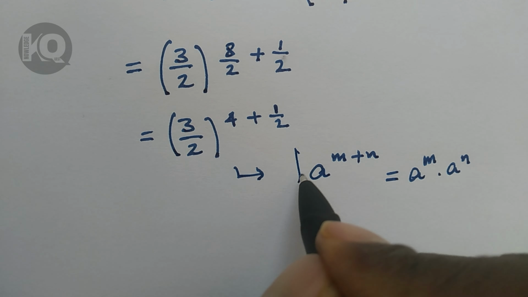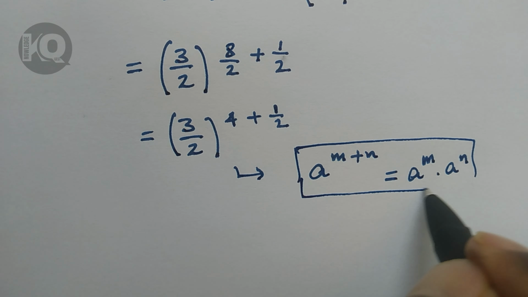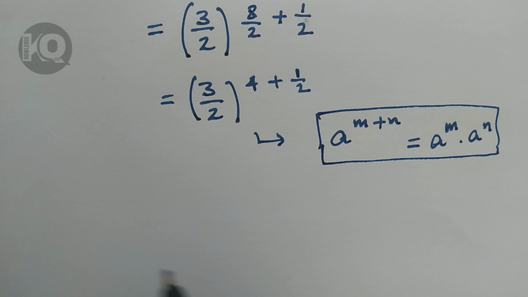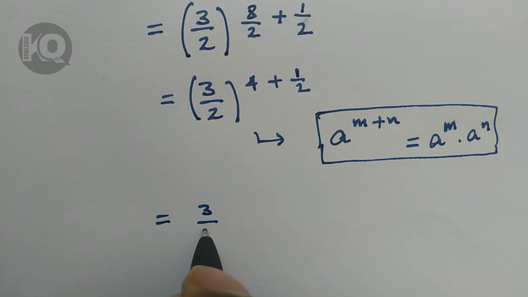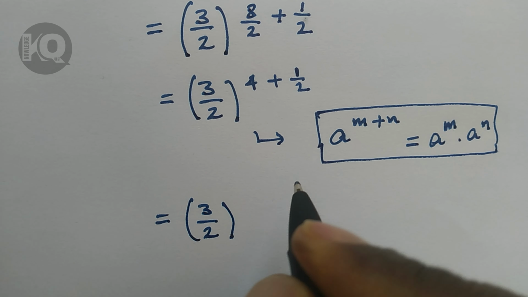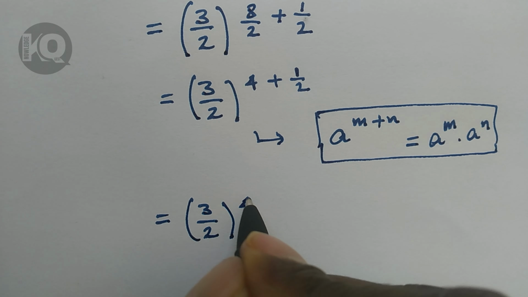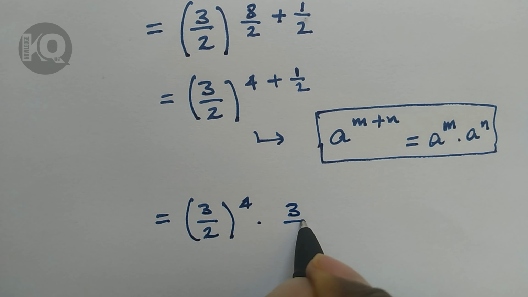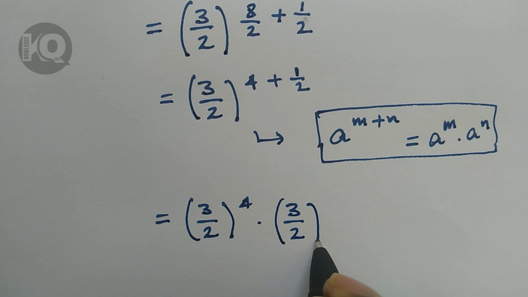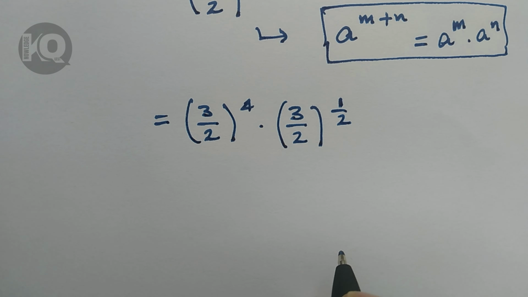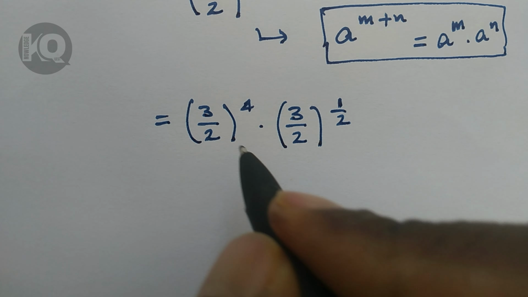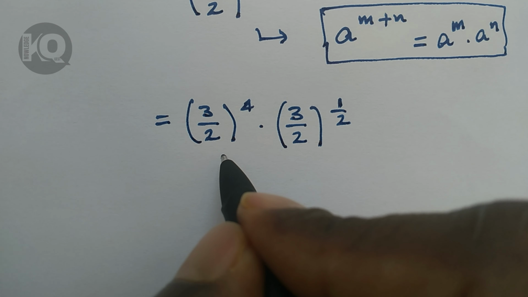Applying this rule, this term will be (3/2) to the power of 4 times (3/2) to the power of 1/2. Now we can reverse this one.